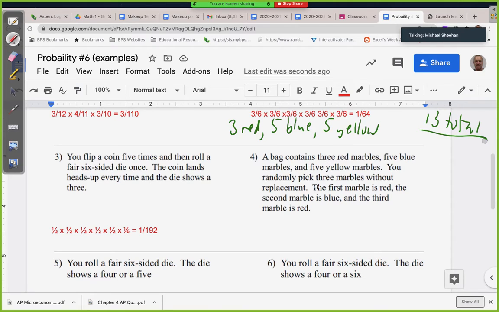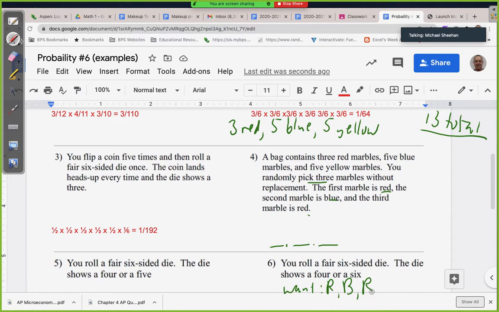All right, I'm going to pick 3 marbles. So I need 3 fractions. A fraction, a fraction, a fraction. And what I want is red, then blue, then red. Red, blue, red.